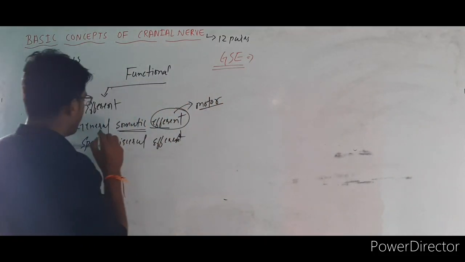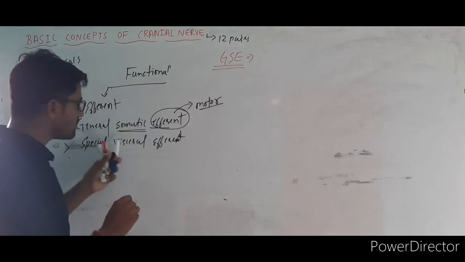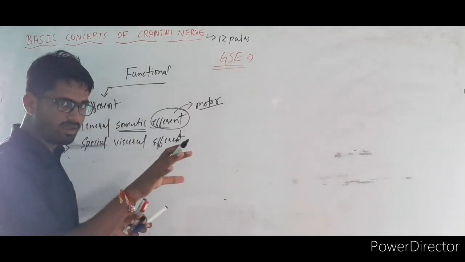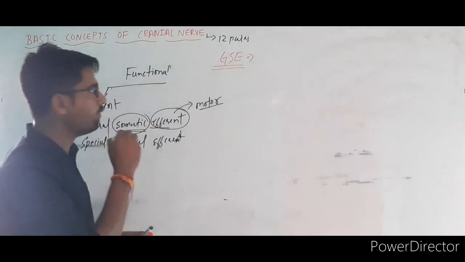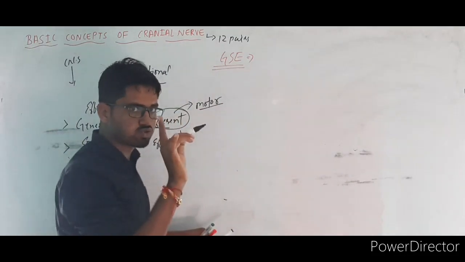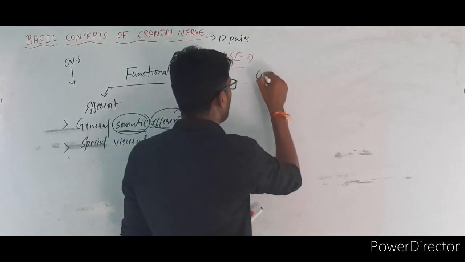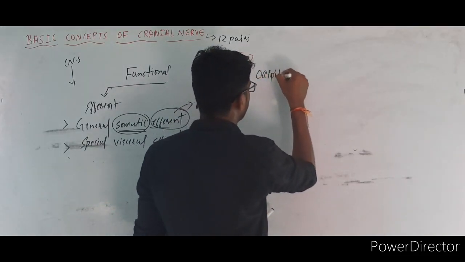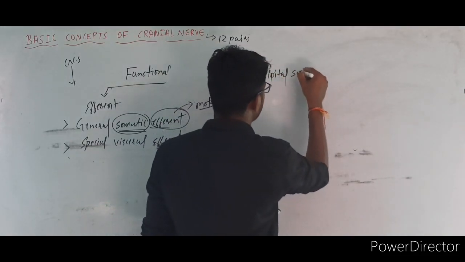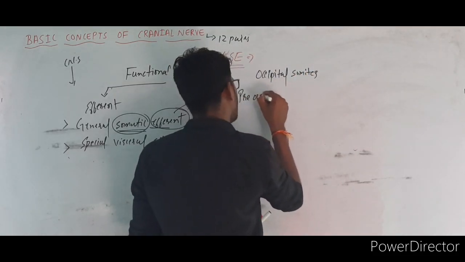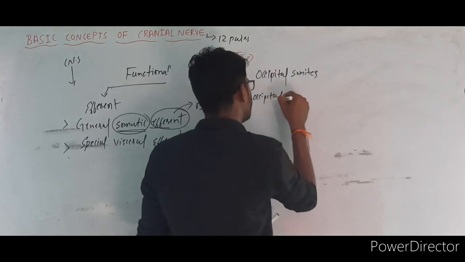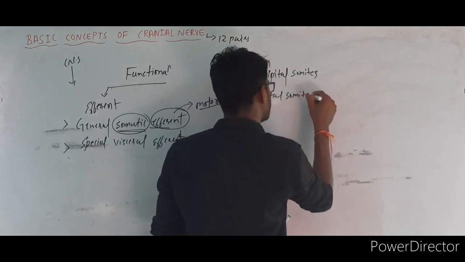Somatic. So these fibers will supply the muscles which arise from the somites. There are two types of somites. One is the occipital somites, and one is the pre-occipital somites.